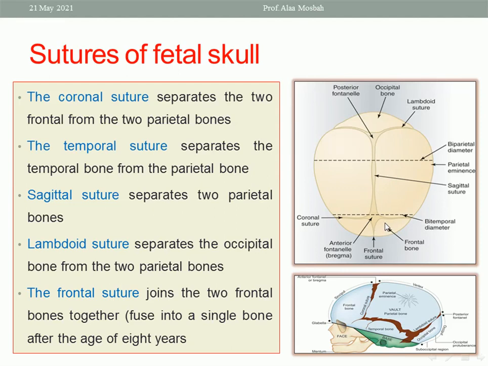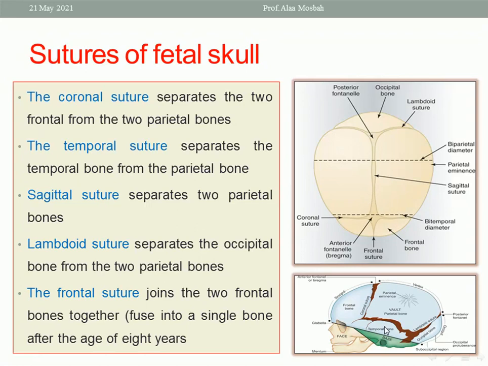And these are two parietal bones separated by the sagittal suture. And there is a suture separating the parietal bone from the frontal bone called the coronal suture. Then this is the occipital bone separated from the parietal bone by the lambdoid suture. And this is the anterior fontanelle and posterior fontanelle.